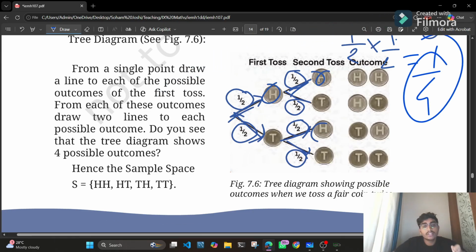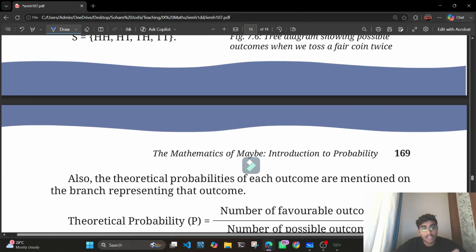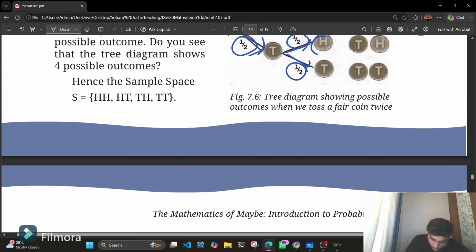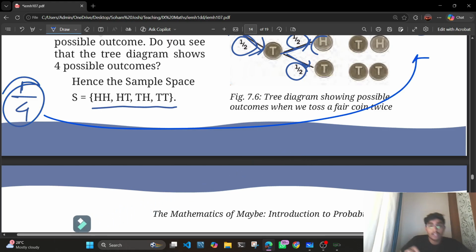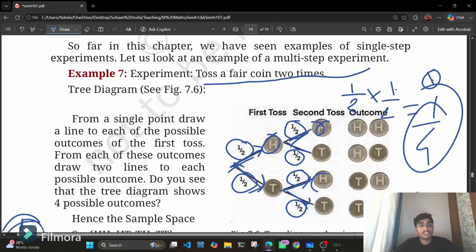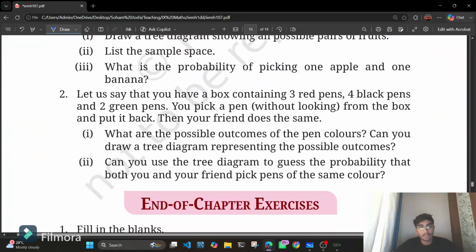You can also calculate it using the sample space and the theoretical probability formula. These are all the possible outcomes, that is 4 in the denominator, and getting heads both times is 1, right? So 1 by 4 is the probability of getting heads twice. So this is how we use tree diagrams to calculate probability.